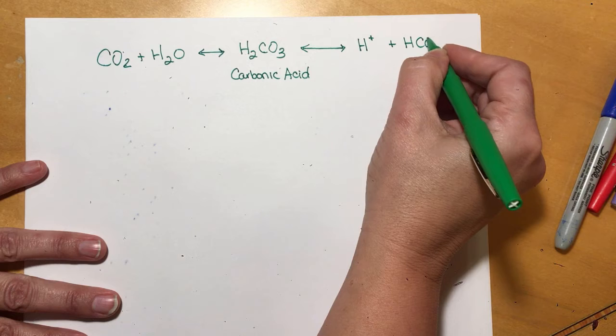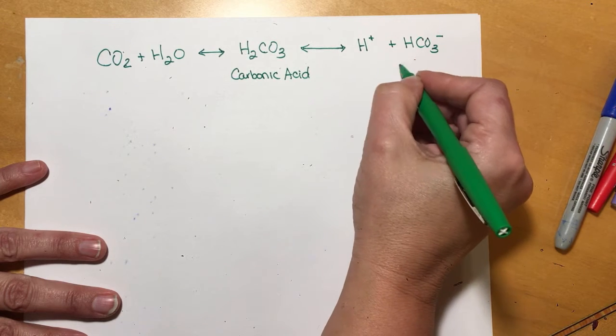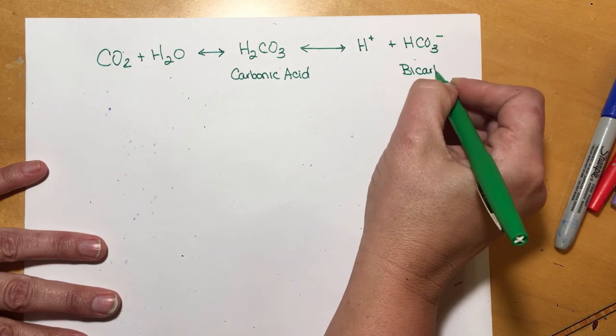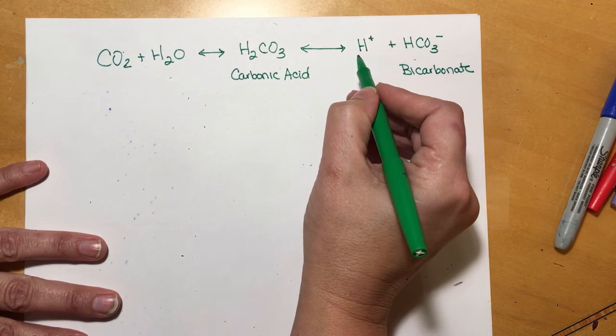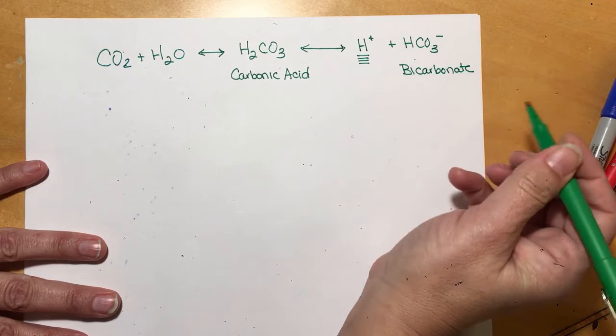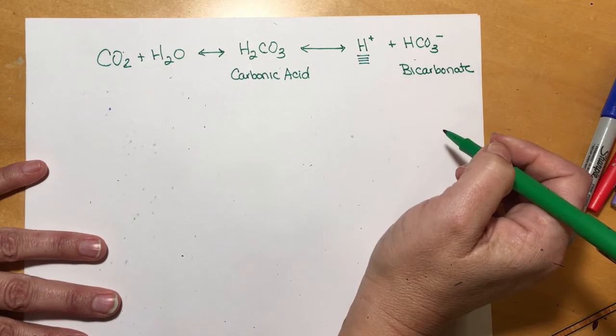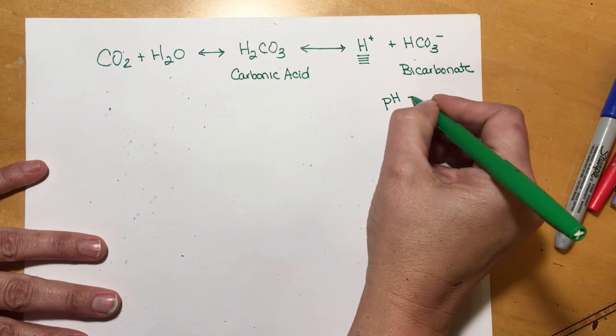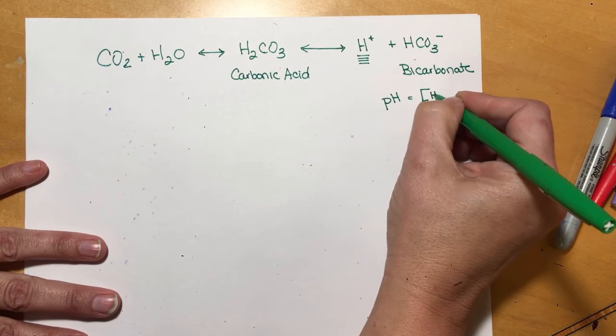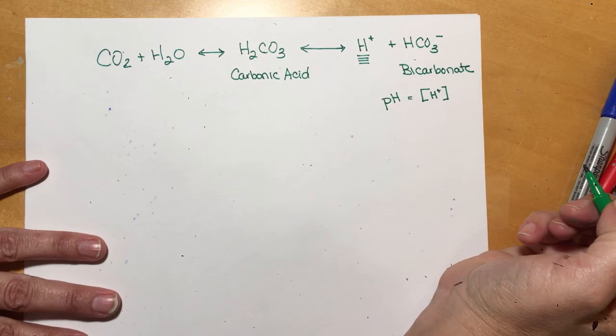hydrogen ion and bicarbonate ion. And if you'll notice, do you see this hydrogen ion here? Do you remember way back when we learned about pH, we learned that pH is really the concentration of hydrogen ions in solution.